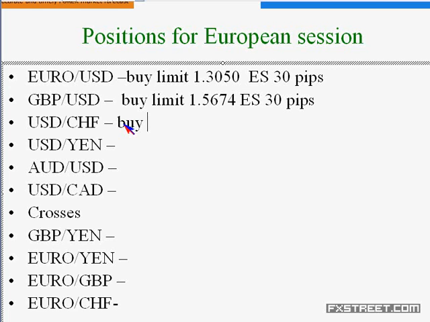We'll keep a buy limit 10 pips above the low, because Euro and GBP, when they dip, may not go close to the low in the case of CHF. So I'm keeping a buy limit 93.45, 10 pips below the current level, entry stop of 30 pips. And yen, the spread is very low, so I'm not taking a position.